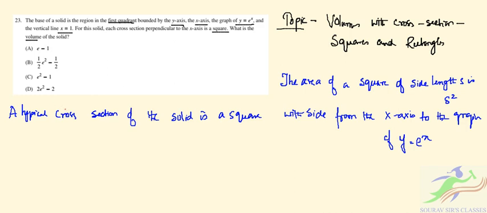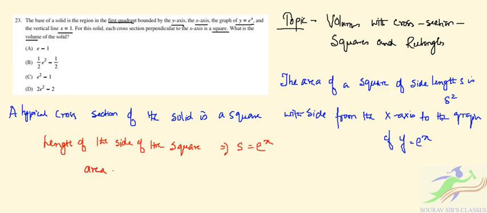So the length of the side of the square will be s equal to e to the power x. So the area of the square, what will be the area?